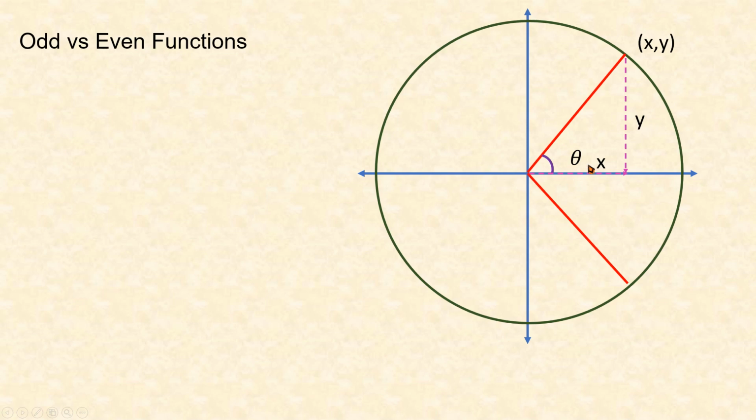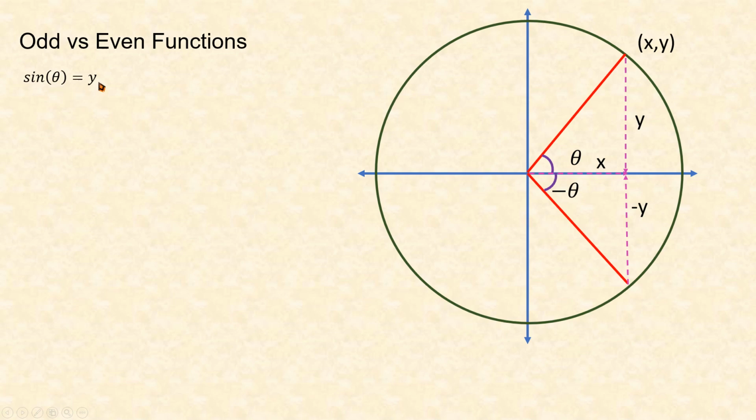Positive theta goes this way, negative theta goes down that way. When you have negative theta, the x stays the same, but the y is now down here, so it's negative y.